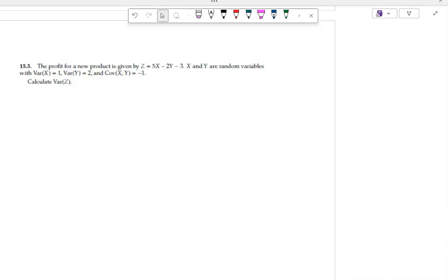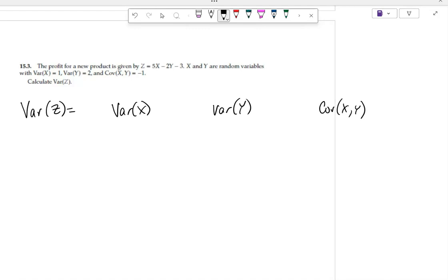Okay. Variance of z. This one looks like the previous one, right? I know it's going to involve the variance of x, the variance of y, and the covariance of x and y. You agree? What's going to get multiplied out in front of the variance of x? 5 squared.